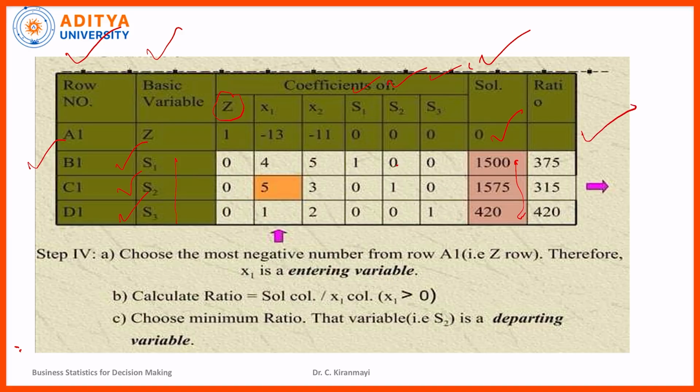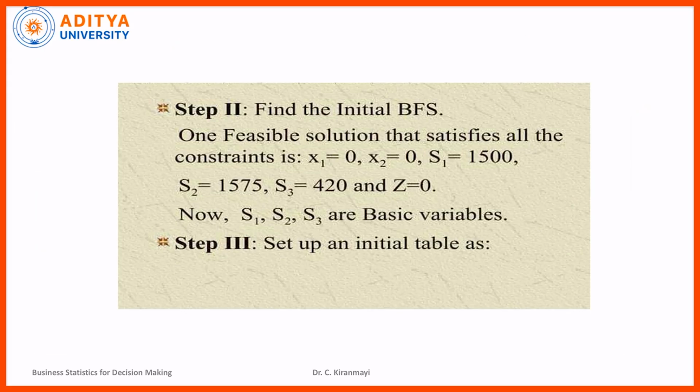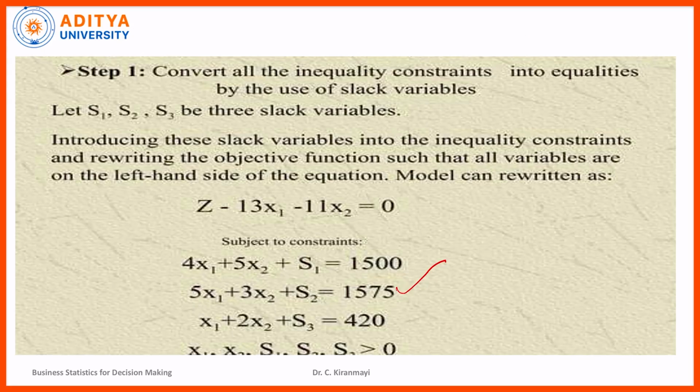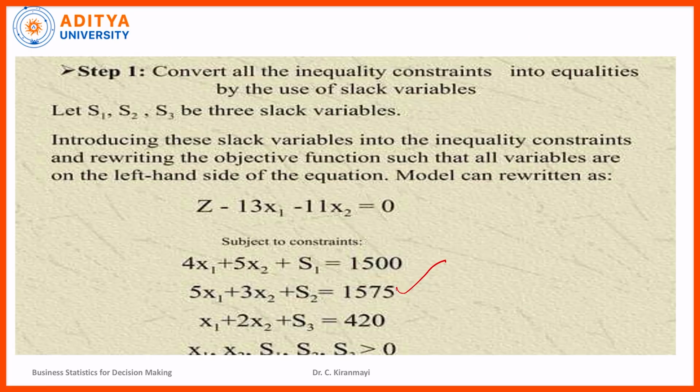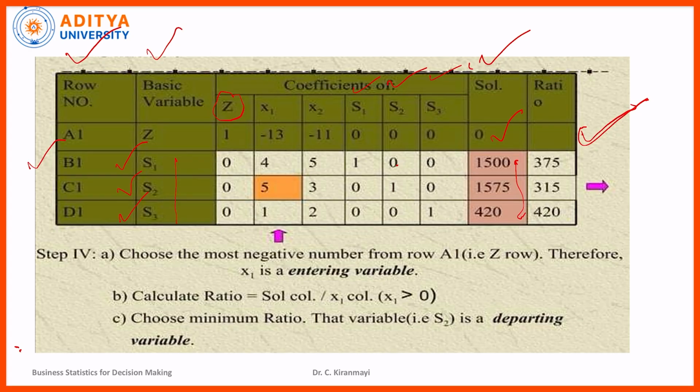This row represents the values of the variables in the objective function. In the objective function, the Z value is 1. The x1 coefficient is minus 13, the x2 coefficient is minus 11, and S1, S2, S3 are not there in the objective function, so their coefficients are going to be 0, because slack variables represent the unused resources.